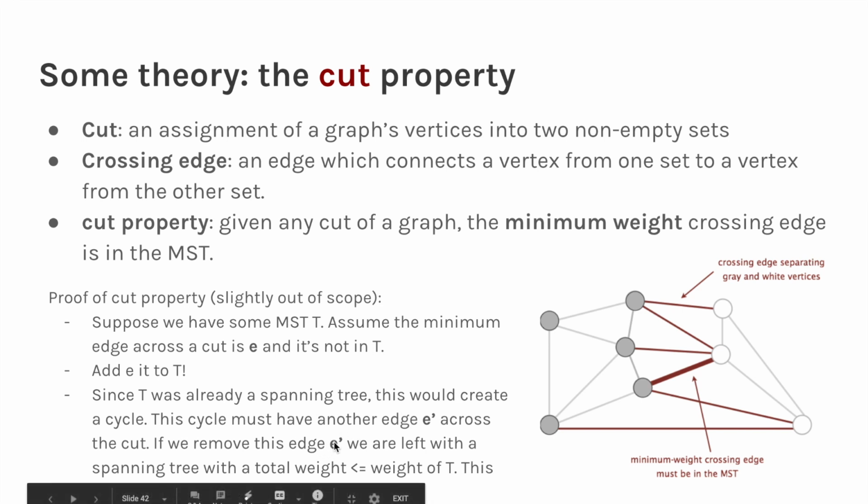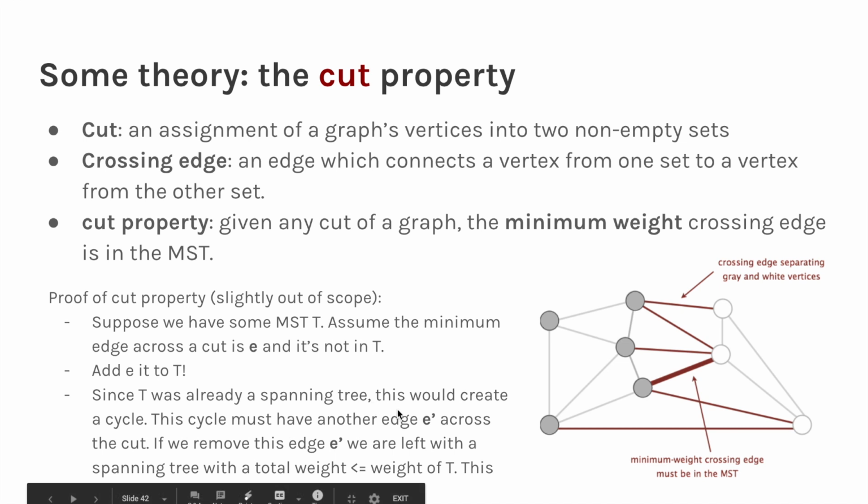If we remove the edge E prime that already existed in T, then we are left with a spanning tree with total weight less than or equal to the original weight of T. Why less than or equal? Well, we said E is a minimum edge across the cut.